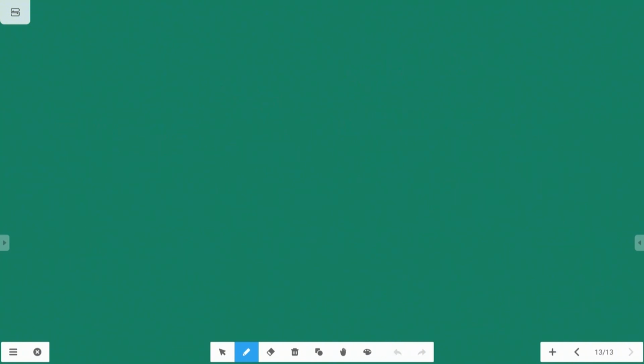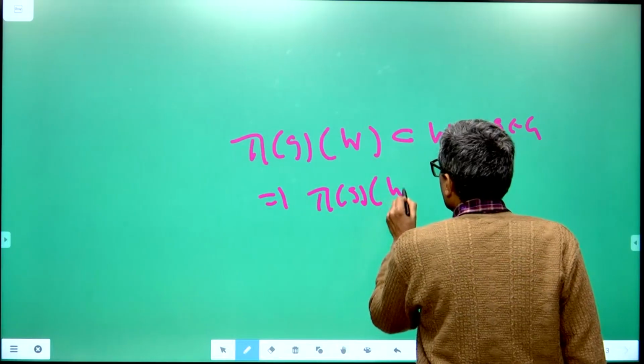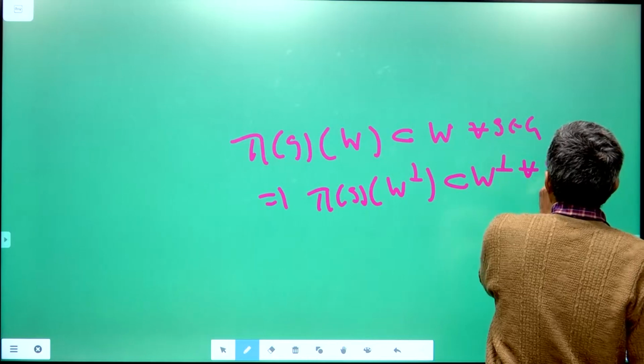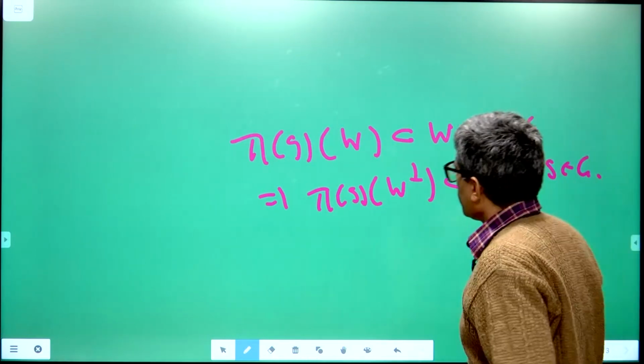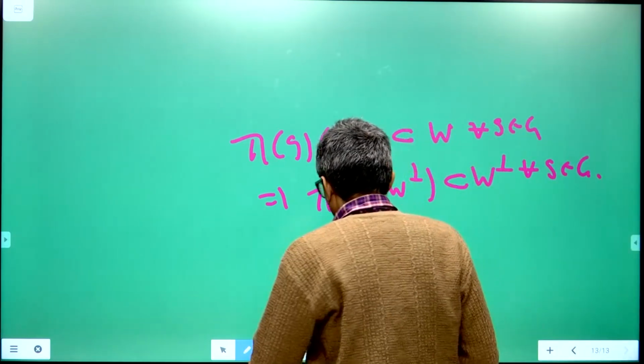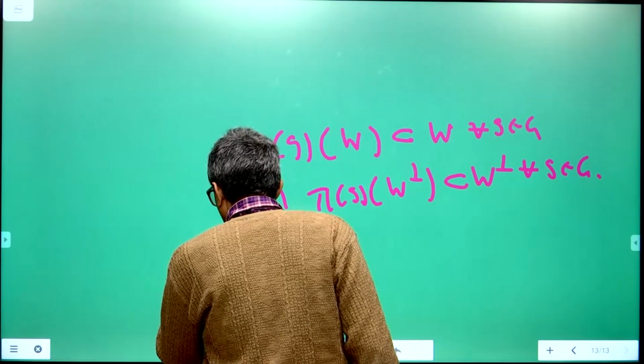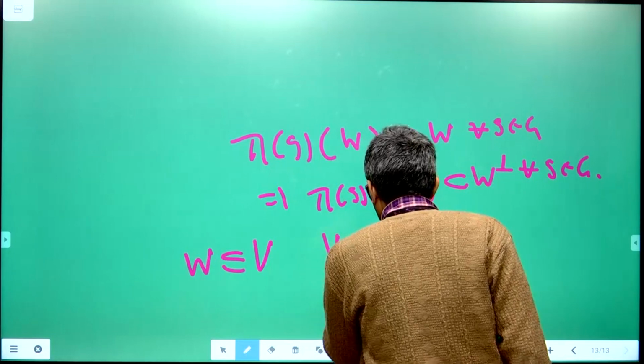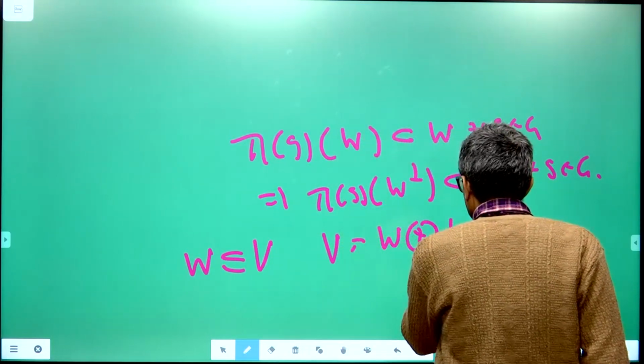So what we have proved effectively is that if W is pi invariant, that means pi g W is contained in W for all g belonging to G, then it implies that pi g acting on W perpendicular also belongs to W perpendicular for every g belonging to G. That means W perpendicular is also pi invariant. So in other words, if I choose an invariant subspace W for V, then I can write V as W direct sum W perpendicular.